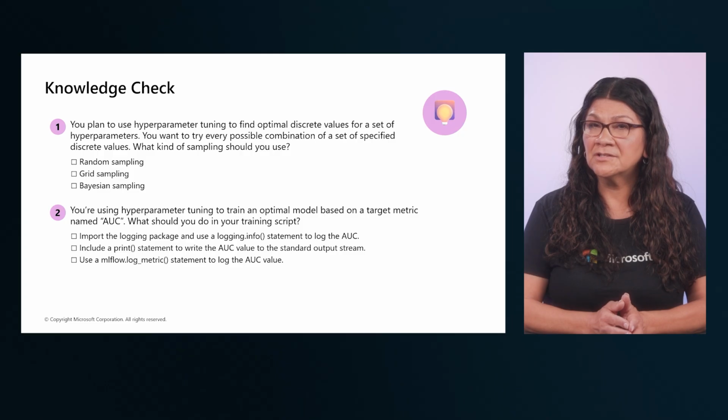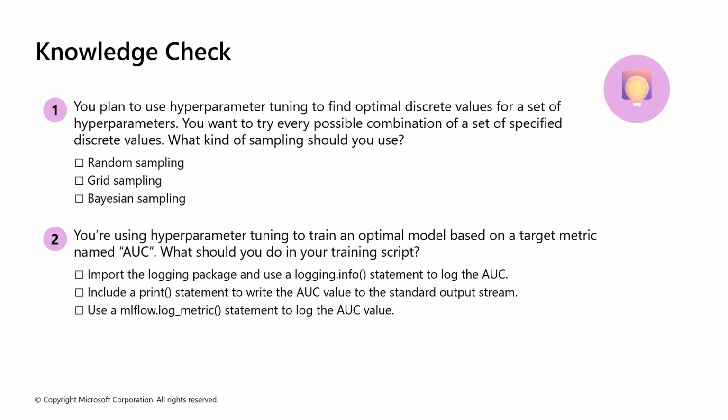Now it's time for the knowledge check. Question 1. You plan to use hyperparameter tuning to find optimal discrete values for a set of hyperparameters. You want to try every possible combination of a set of specified discrete values. What kind of sampling should you use? Answer: grid sampling.